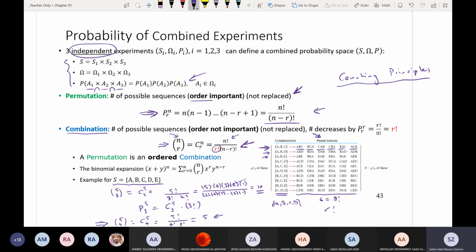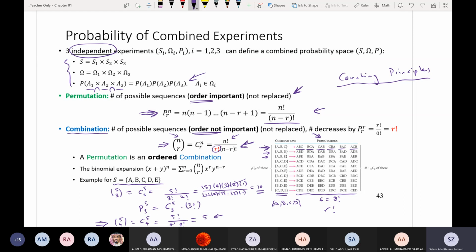Then you ask yourself: is order important or not? If order is important, you apply permutation. If order is not important, like selecting 5 students out of 7, it doesn't matter where I put the first or the second.